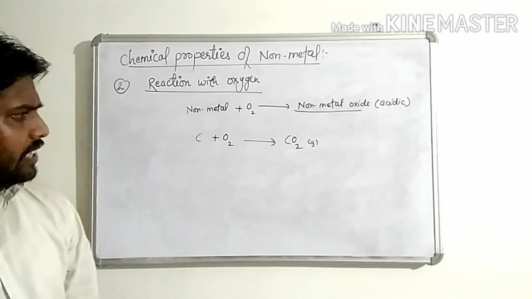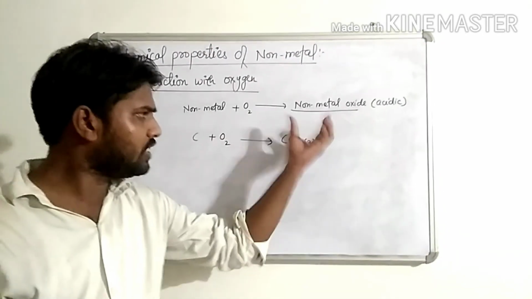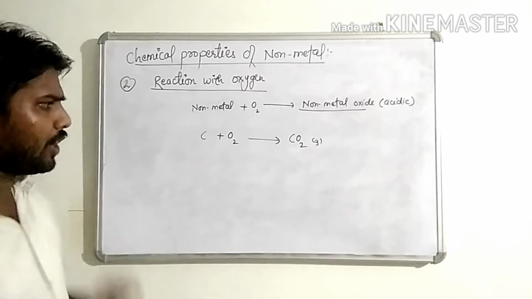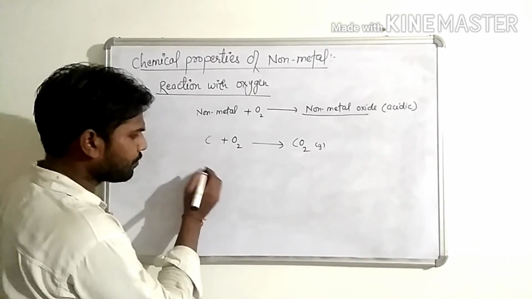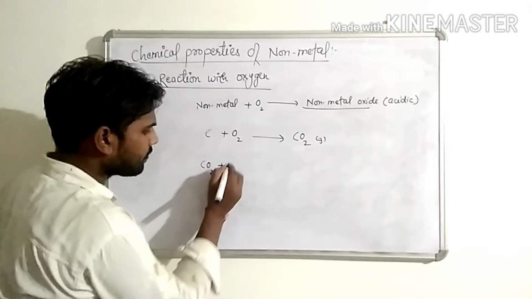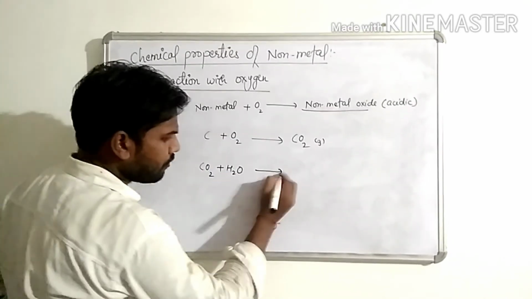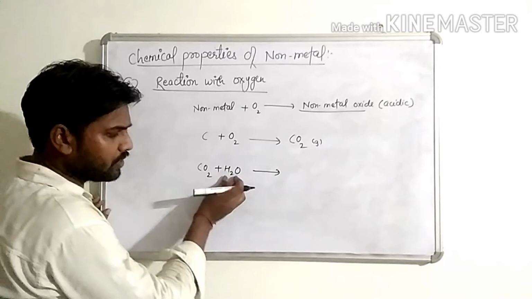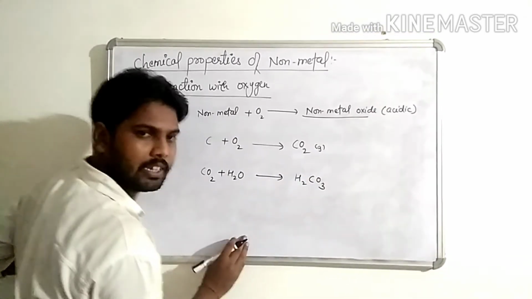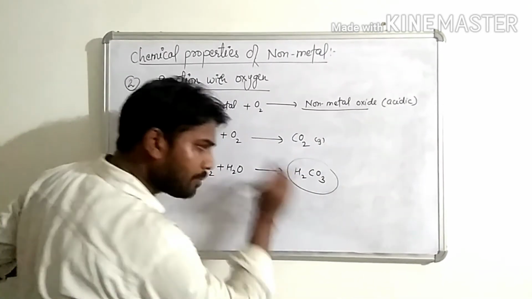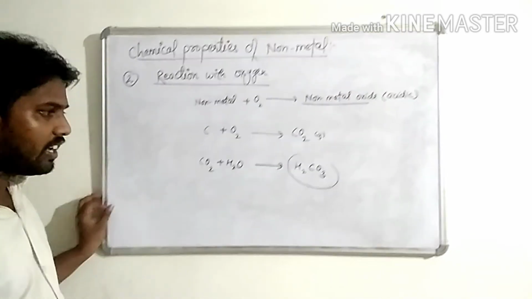If you want to check the nature of this oxide, react this gas with water. When it combines with water, it forms carbonic acid, H2CO3. Easy, children?